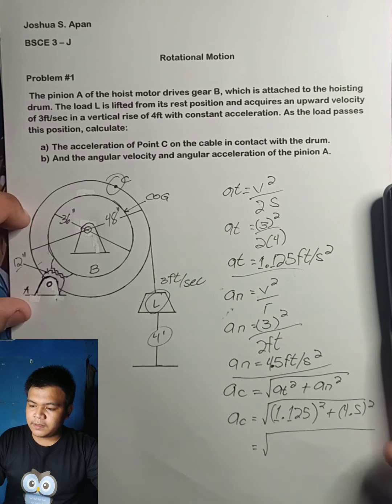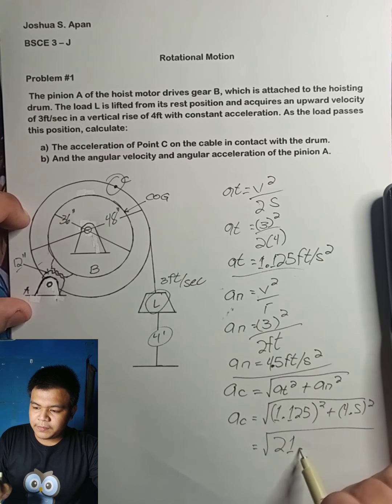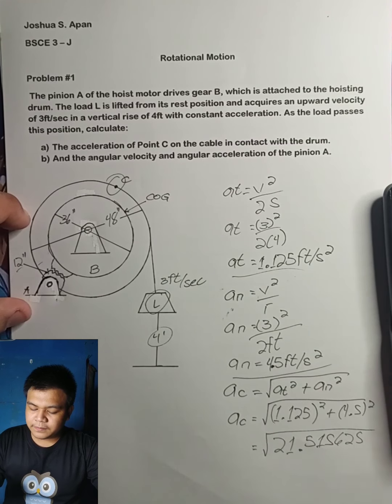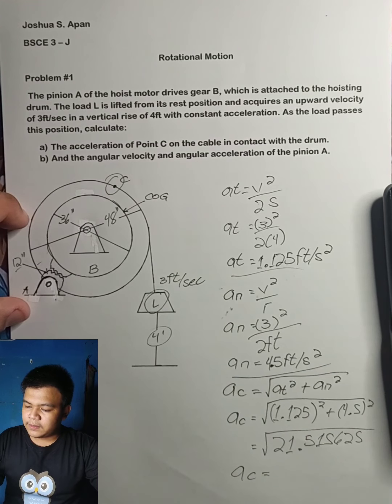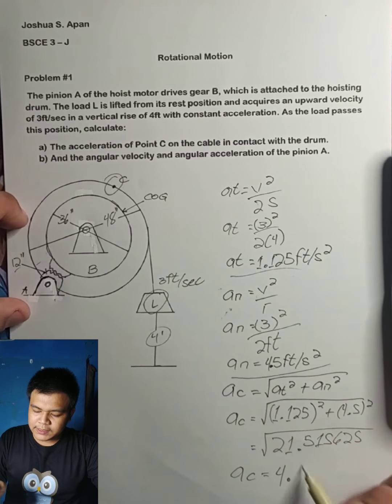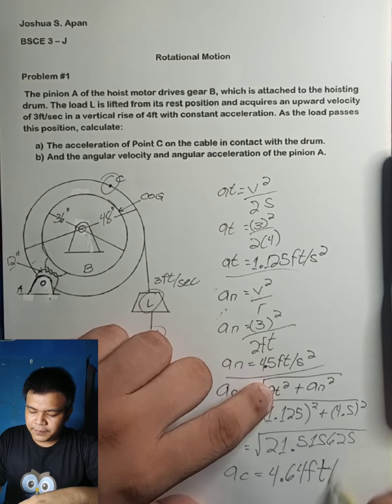So, 21.515625. Then, square root of 21.515625 is equal to 4.64 feet per second squared.